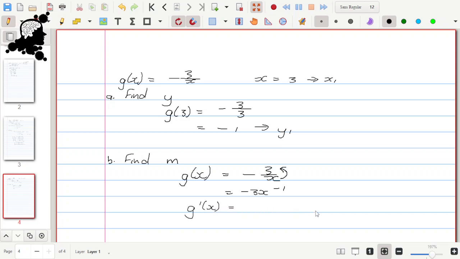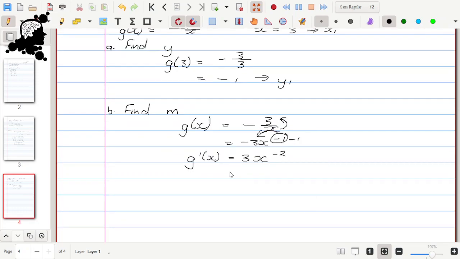Multiply exponent by coefficient. So, negative 1 times negative 3 gives us positive 3x. Subtract 1 from exponent, this is minus 2. We can write this as 3 over x squared. The next step is I need to substitute x equals 3 into my first derivative.